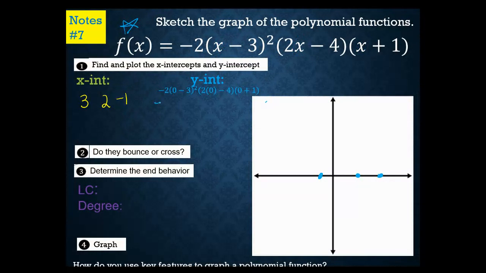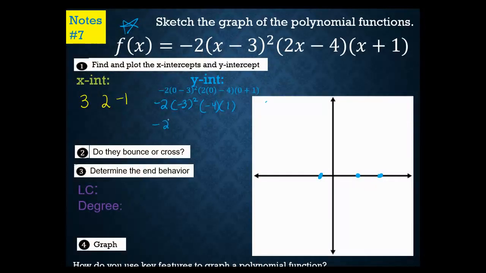Okay, so -2, do the parentheses first, it's -3 squared. And then inside here, 2 times 0 is 0. Minus 4 would just be -4. I'm going to write -4. And the back one, 0 plus 1 is 1. And then we have to do the math. Do the exponent first. So we have to do -3 squared first.